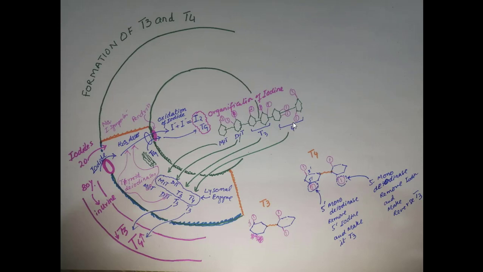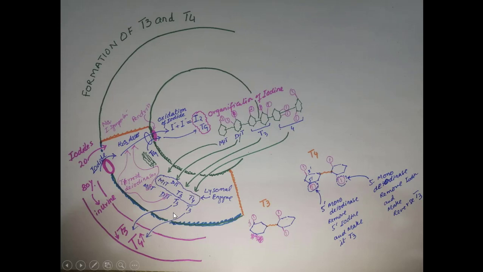Now all these things, that is MIT, monoiodotyrosine, diiodotyrosine, triiodotyrosine and T4, will come back into the follicular cell. In the cell, the lysosomal proteolytic enzyme will act upon these things, because all these molecules having T3, T4, DIT, MIT are back in the follicular cell.